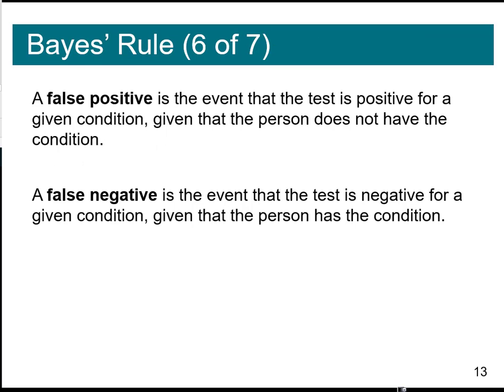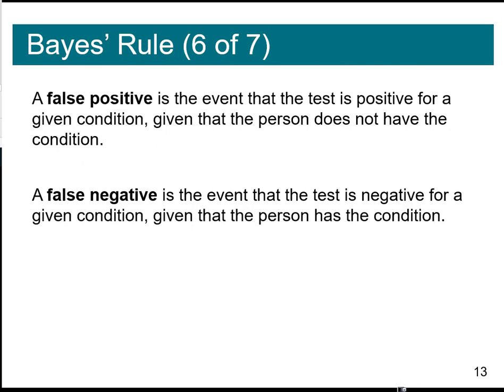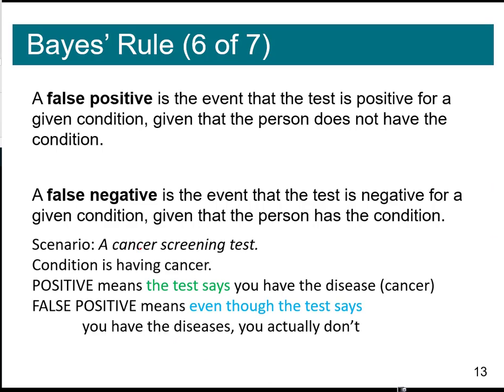Another example here, let's take a look at this. They call it a false positive. It is the event that the test is positive for a given condition, given that the person does not have the condition. So they're talking about a false positive.